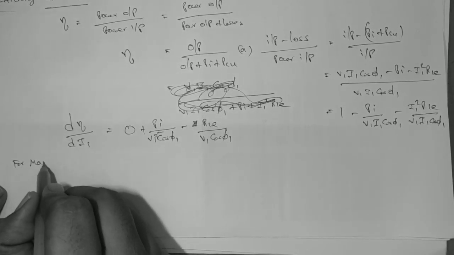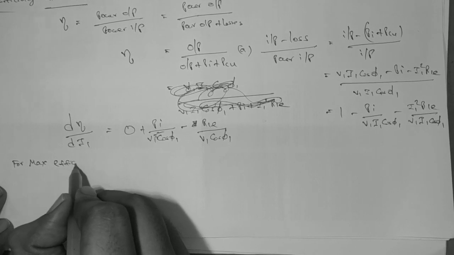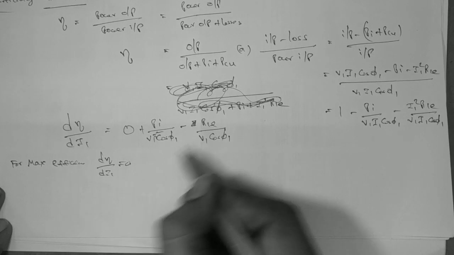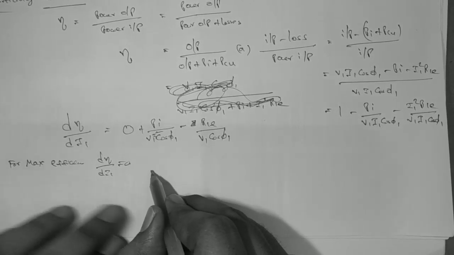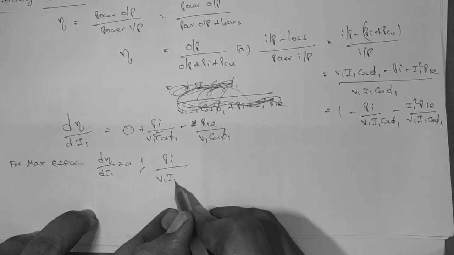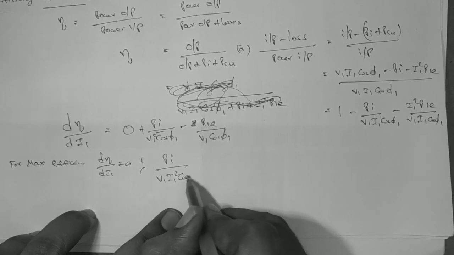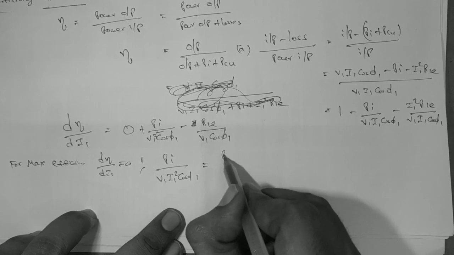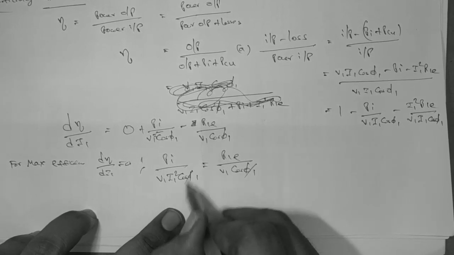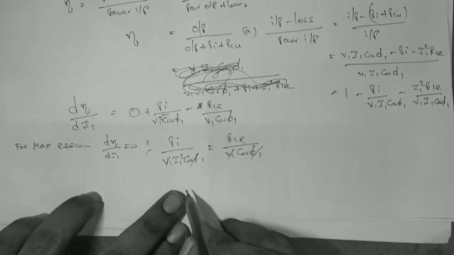Now, to find the condition for maximum efficiency, the differentiation of efficiency should be 0, so d eta by dI1 equals 0. If we equate the above equation to 0, Pi by V1 I1 square cos phi 1 equals R1E divided by V1 cos phi 1. The cos phi and V1 cancel.